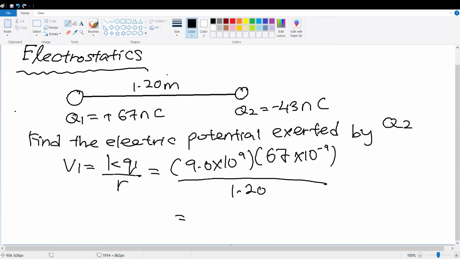So what I get for the electric potential is 502.5 volts.